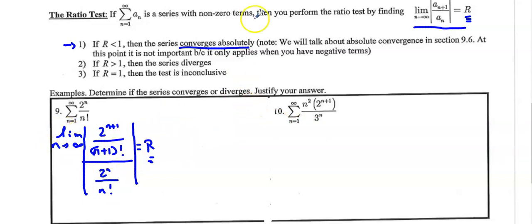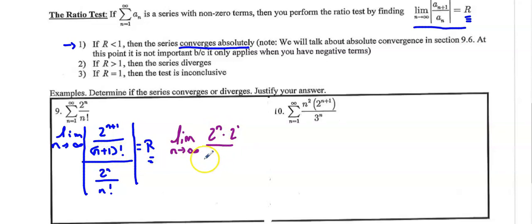if I'm trying to find the limit of a fraction of a fraction, I can rewrite this as the limit as n approaches infinity of 2 to, I might go ahead and also rewrite this. So 2 to the n plus 1 is the same thing as 2 to the n times 2, right? This is really to the first power, so if I multiply these things together, then I'm really adding the exponents.